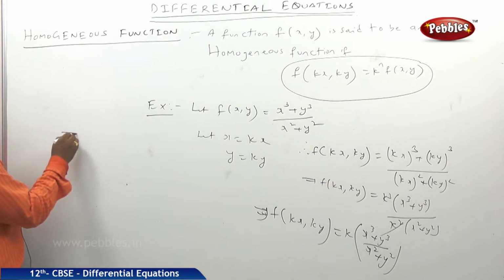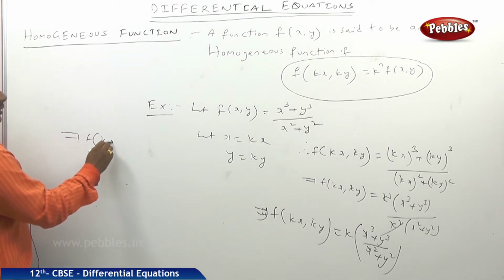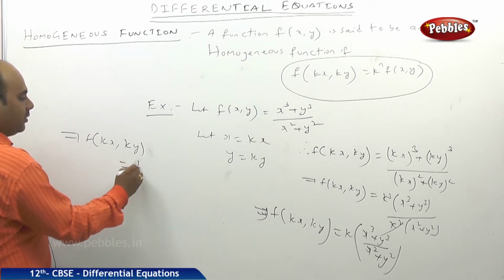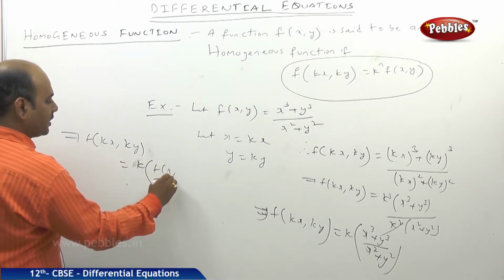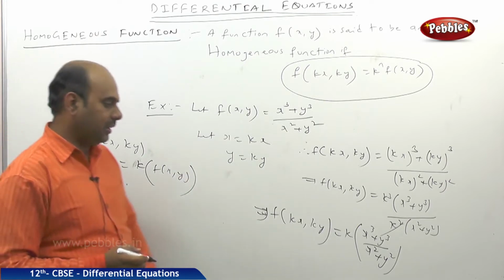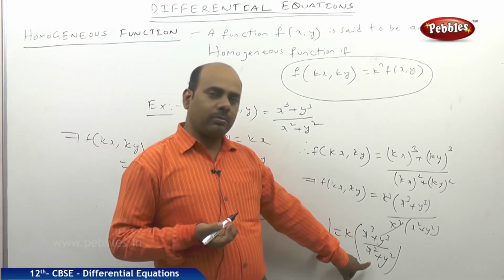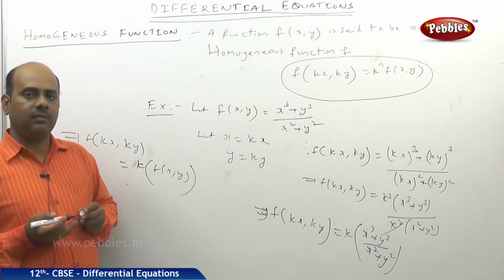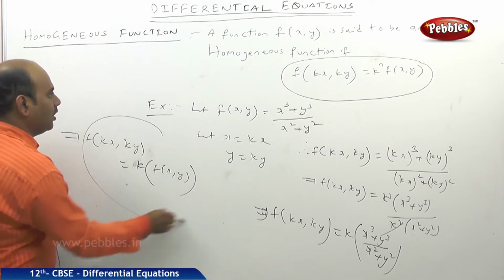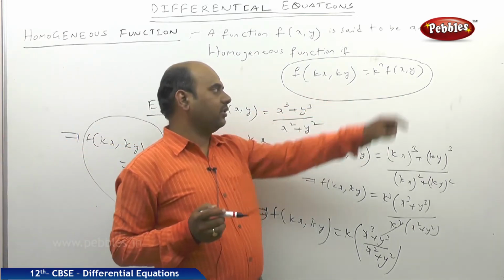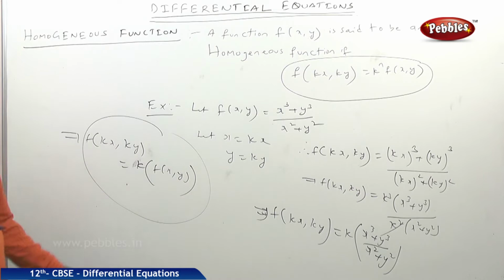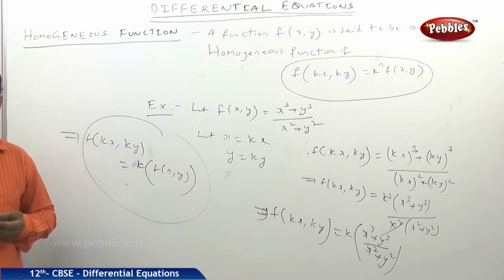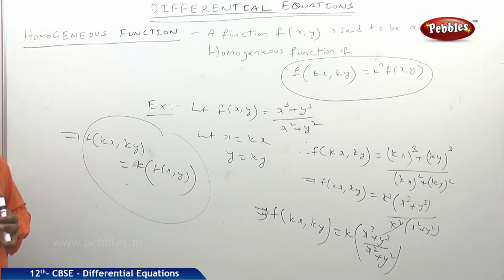The function has become, in terms of f, f(kx, ky) equal to k into f(x, y), because on the right hand side the function is (x cube plus y cube) divided by (x square plus y square), so k into f(x, y). So it is of the form f(kx, ky) equal to k power n into f(x, y), here with n equal to 1. Therefore this kind of function we call a homogeneous function.